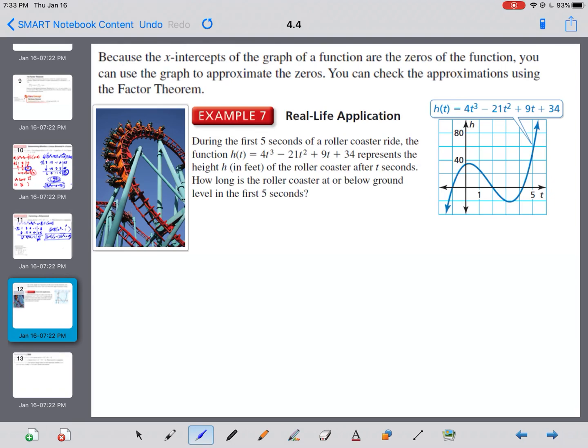They have a picture of the graph on here already. So we can check that an approximation is or isn't a solution.